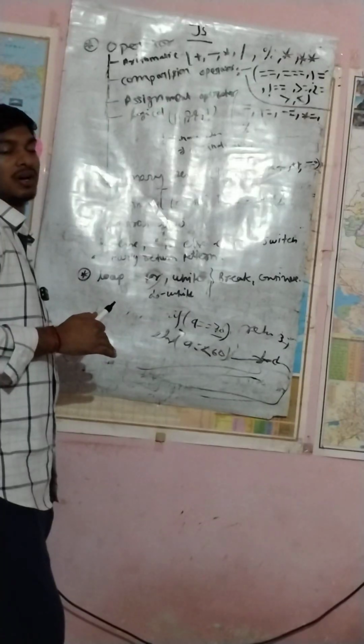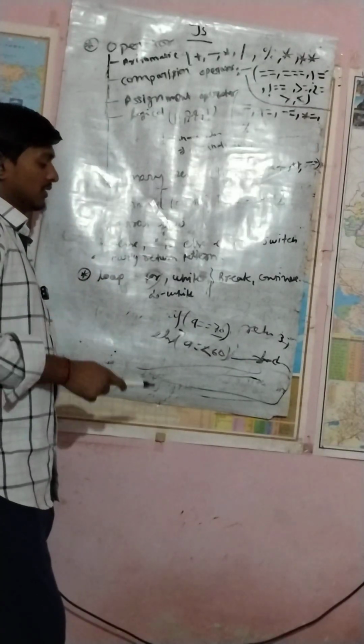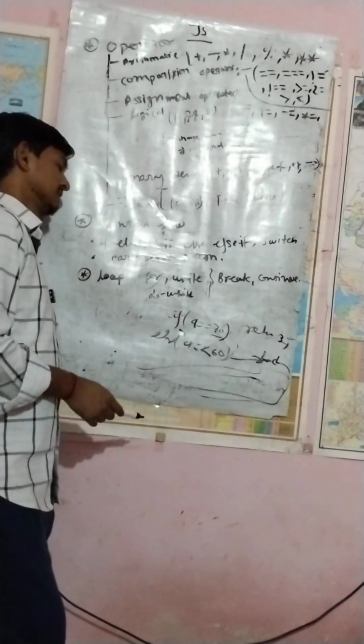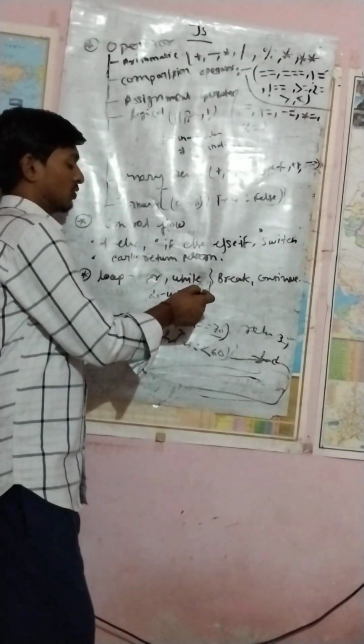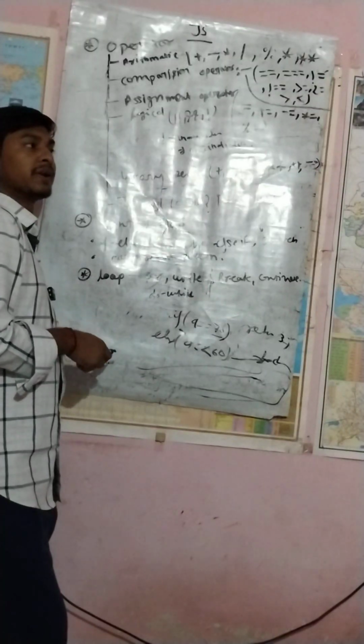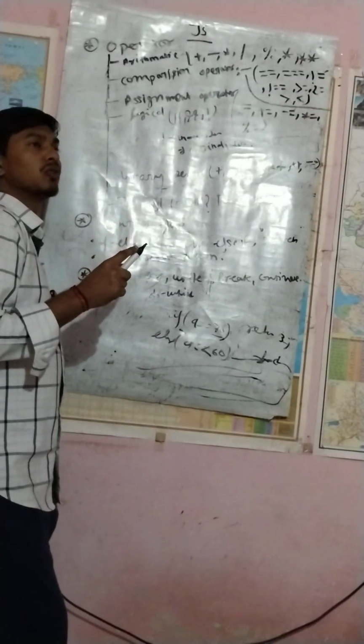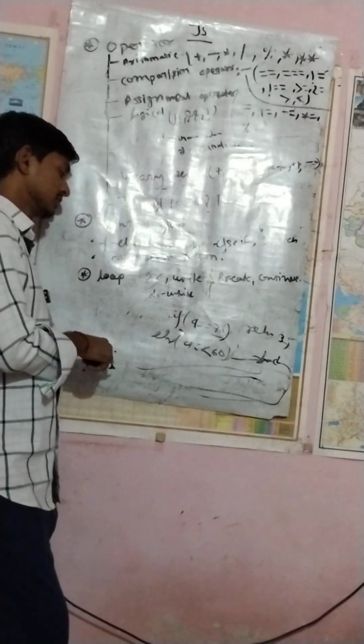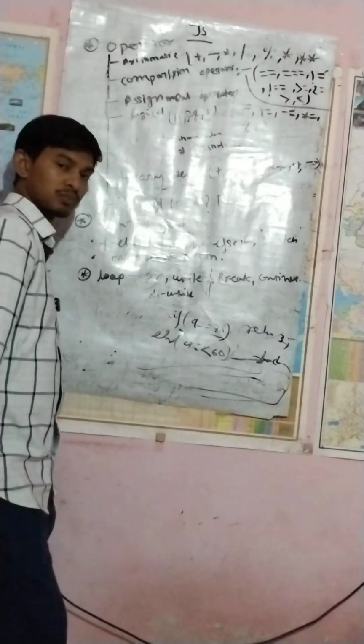In a do while loop, it executes the body once before checking the while condition.